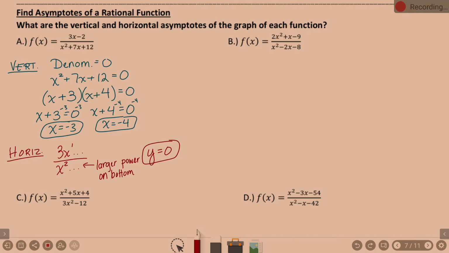You would need all three of these answers because there's two vertical asymptotes: x equals negative 3, x equals negative 4, and there's one horizontal asymptote, y equals 0. And there's going to only be one horizontal asymptote. Vertical asymptotes, there could be 0, 1, 2, 3, 4, there's usually going to be at least one in what we're doing.